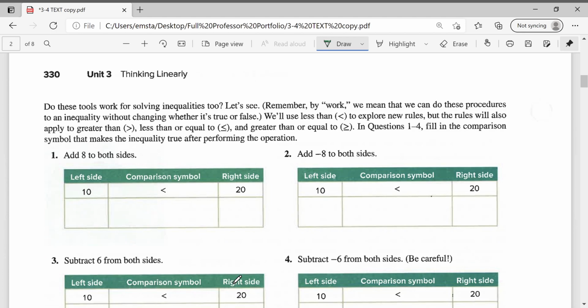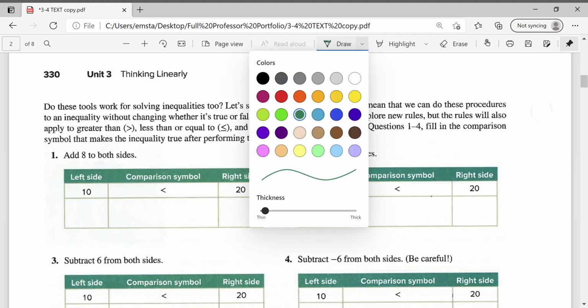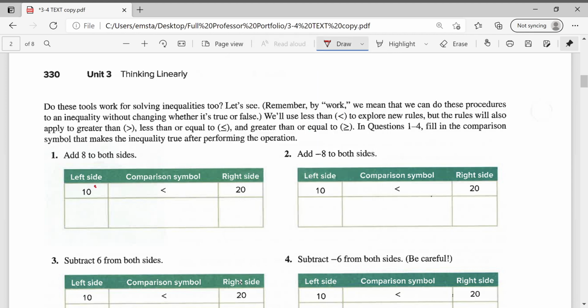So what we want to look at, this is the top of page 330, is do those tools work for solving inequalities as well? Remember, by work we mean it keeps the truth value. So we're starting with 10 is less than 20 in number 1. What happens if you add 8 to both sides? Is it still a true inequality? Let's see.